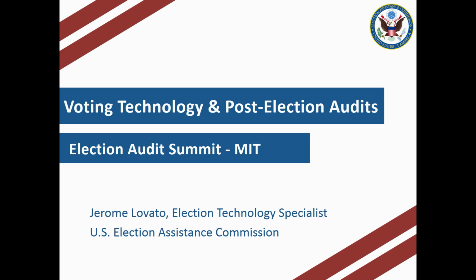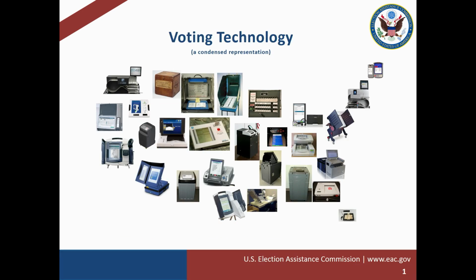Yeah, it's a self-joke. So today I'm going to just talk briefly about the role technology plays in conducting risk-limiting audits. And this is a condensed representation of voting systems in the United States. Over the years, some of that stuff you may be familiar with, and others not so much.